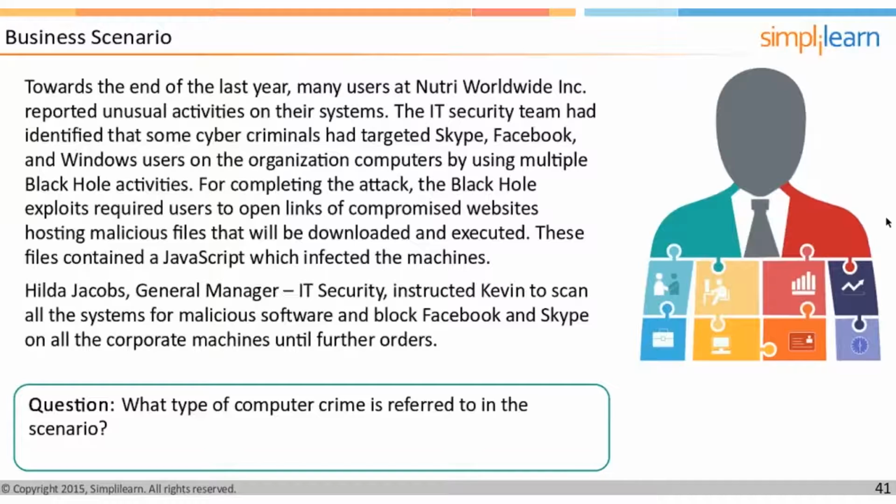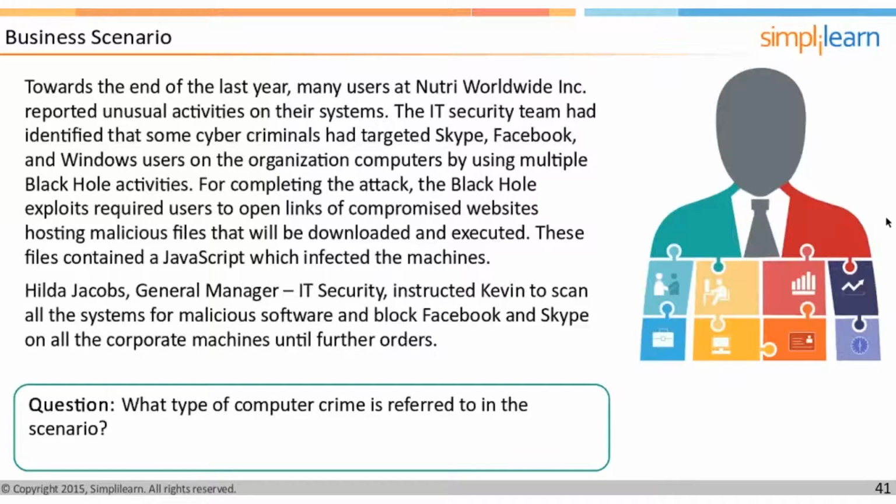Towards the end of the last year, many users at Nutri Worldwide Incorporated reported unusual activities on the systems. The IT security team had identified that some cyber criminals had targeted Skype, Facebook, and Windows users on the organization's computers by using multiple Blackhole exploits.